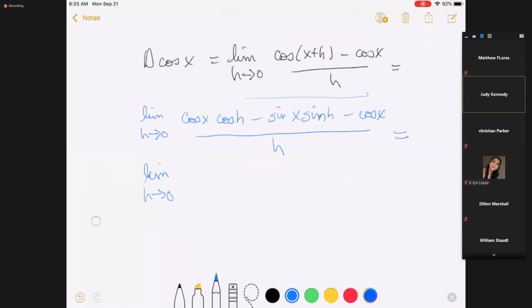I'm going to keep the cosine part together, and the sine of x part together. Oh, it's minus.